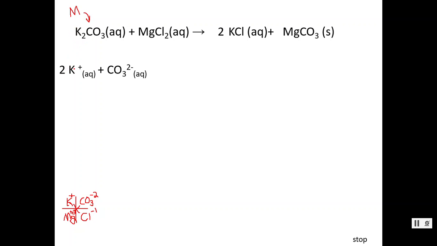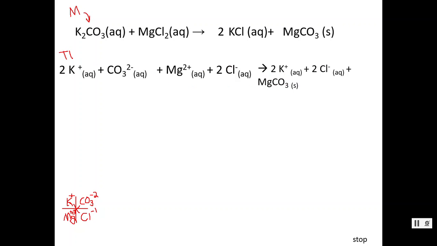I've got 2 potassiums and 1 carbonate anion. 1 magnesium and, because of that subscript 2, 2 chloride ions. 2 potassiums and 2 chlorides from the 2 KCl on my product side. And the magnesium carbonate stays together because it is a solid. So what I have written on this second line, along with the magnesium carbonate solid, is my total ionic equation.